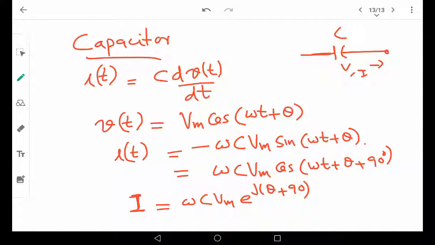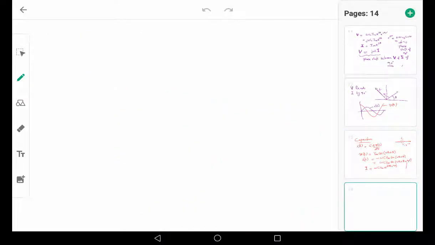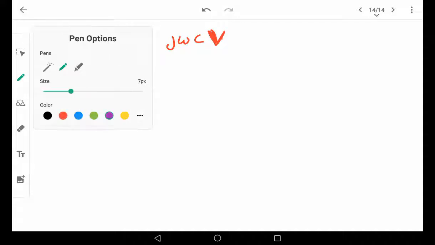Clear? And in this case you can find that the phasor I is equal to j times omega times c times the phasor V, right?